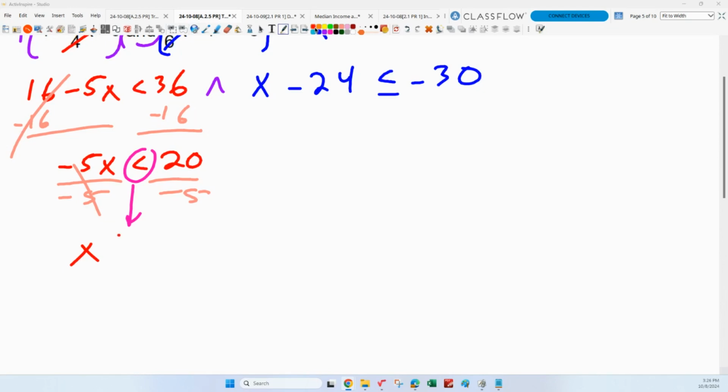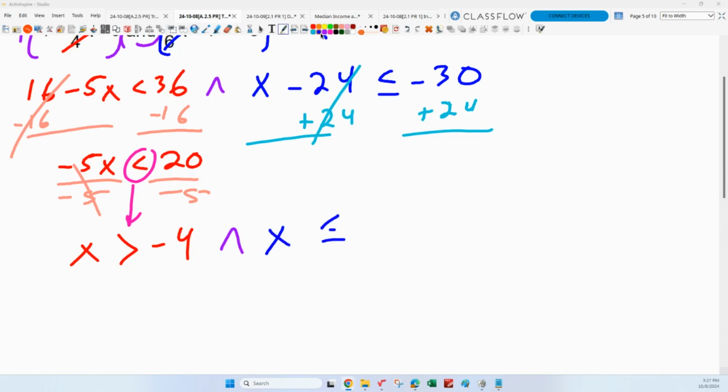Got to flip it. X is greater than negative 4. And what about over here? So we're just going to add 24, and that's it, right? In our second one, we get x is less than or equal to -6.